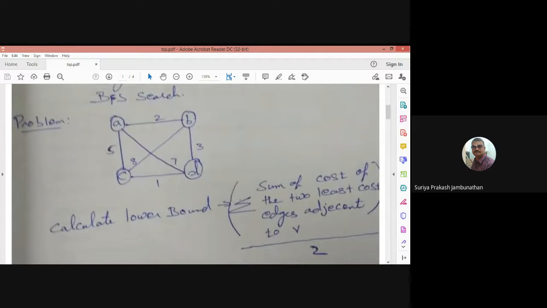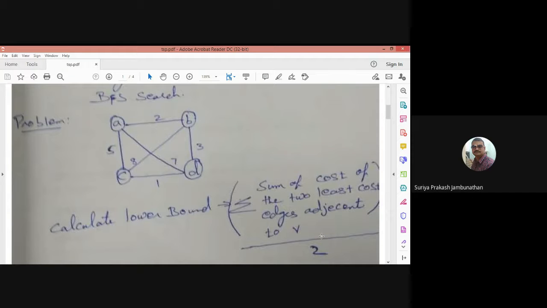A to D is 7, which is greater than 2, and A to C is 5. Among these three, the least values are 2 and 5. So we take these two values, and that has to be taken with the next edges. Like that, we have to sum all the two least cost edges and divide the answer by 2. That is the lower bound we have to calculate. So this is the formula for the lower bound.